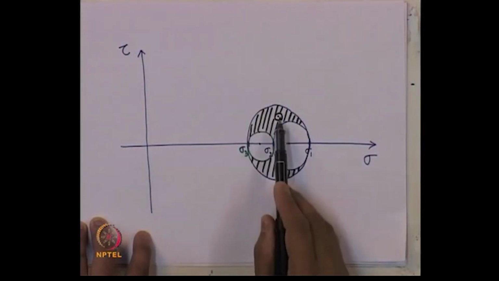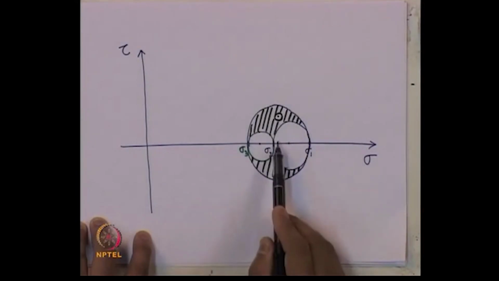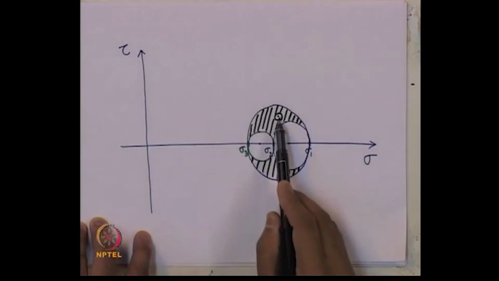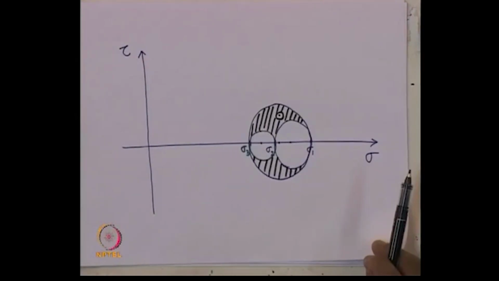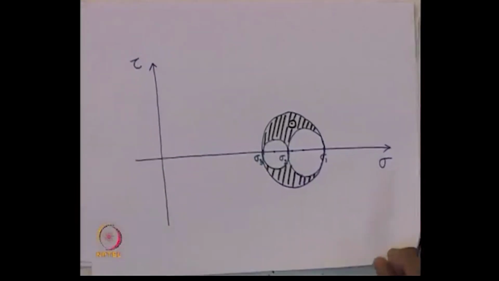And obviously, if you find out the values of sigma and tau for that point, you will get your normal stress and shear stress for any nth plane. Fine. So, this is the way graphically we can find out the state of stress on any nth plane for a case of 3 dimensional soil element.